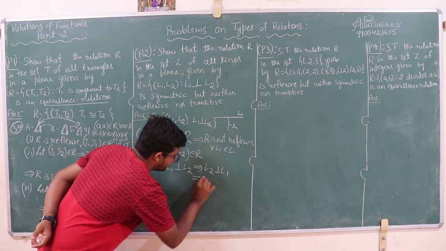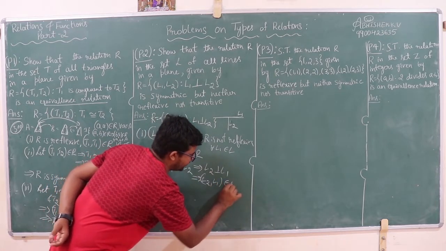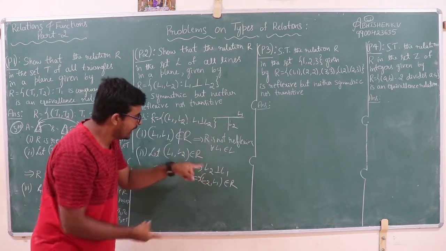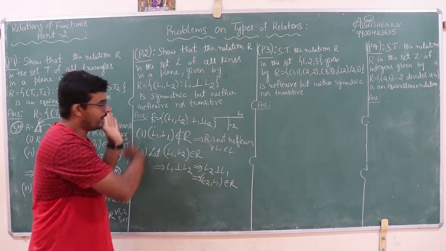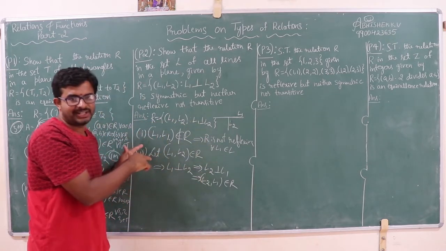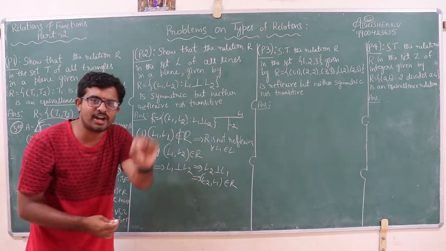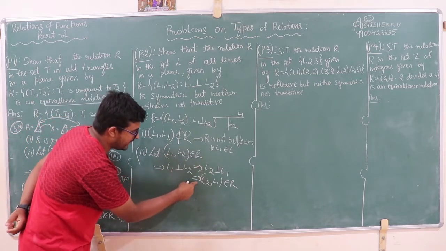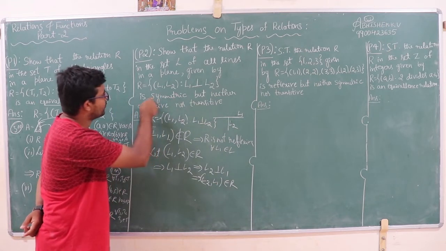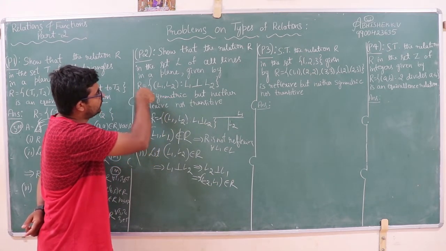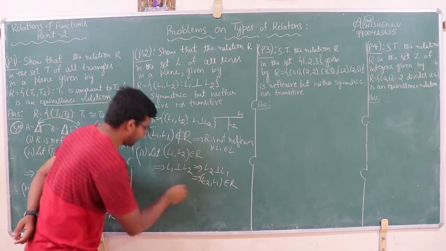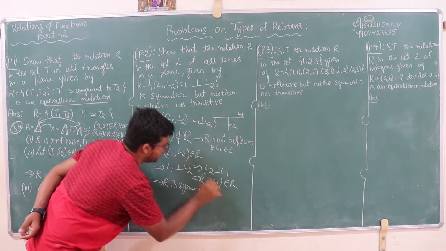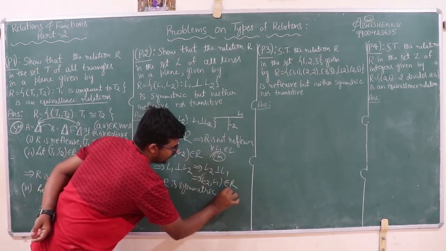This implies the ordered pair (L2, L1) belongs to the relation R. According to symmetry, if (A, B) belongs to the relation, that implies (B, A) belongs to the relation. We need to show the given relation is symmetric. This implies R is symmetric. To prove this, 1 mark.